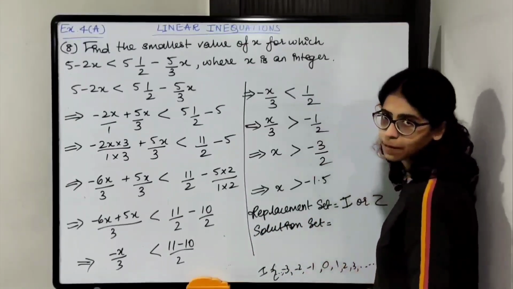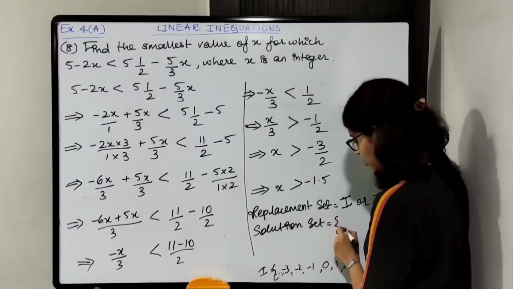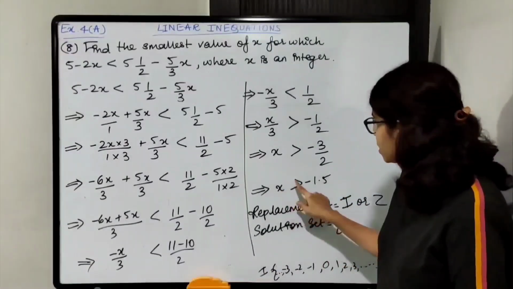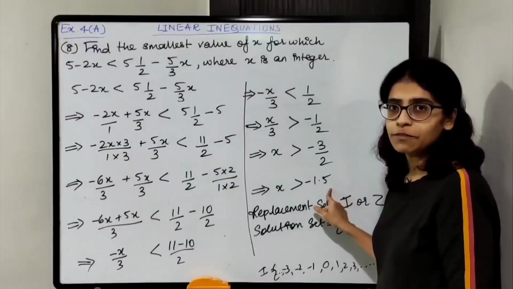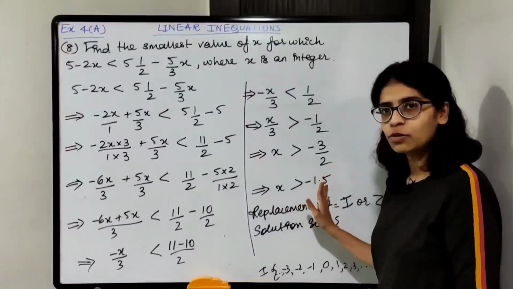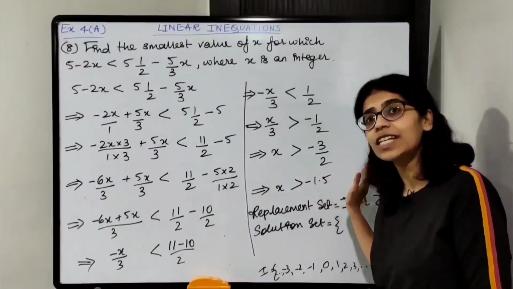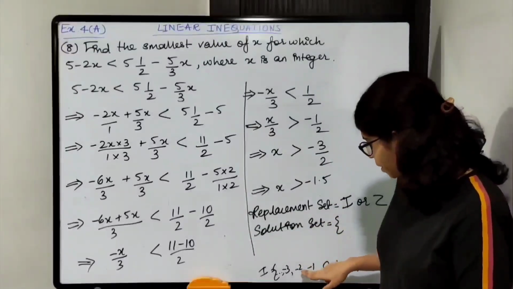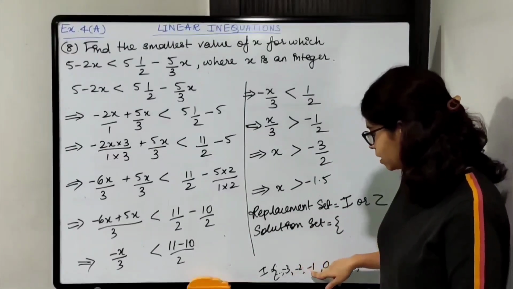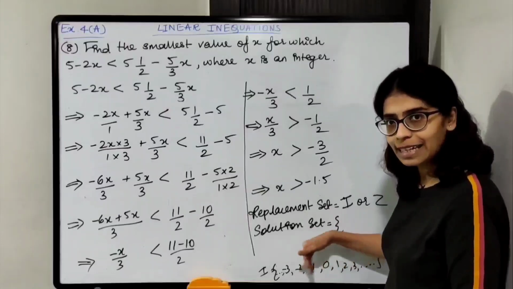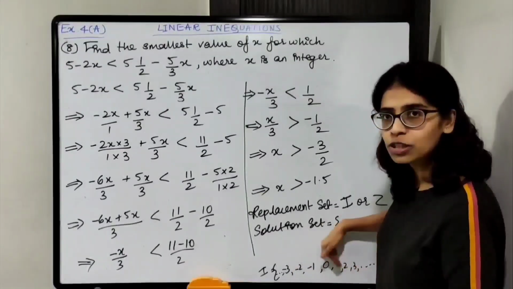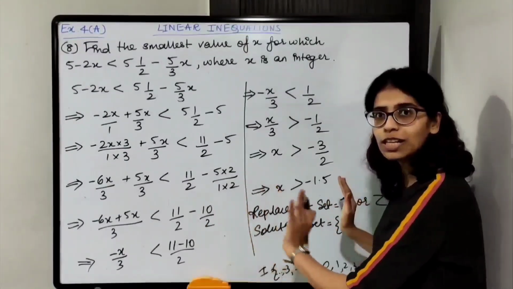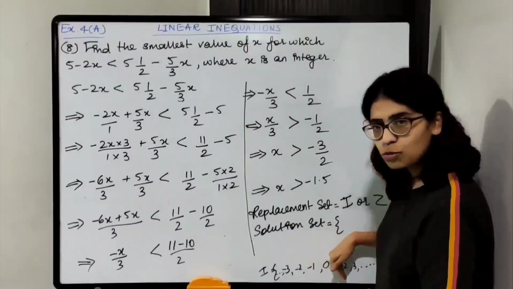Solution set देखो पहले. So solution set क्या होगा? x will be greater than minus 1.5. So minus 1.5 is not included. Minus 1.5 से greater value. -3, -2, -1, 0, 1 है ना. Greater value, so for greater, always you go to the right, for lesser value always go to the left. So greater value ढूंढना है.